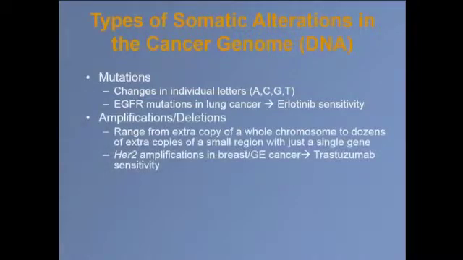You could get changes in the genome that aren't a small typographical error, but a bigger error, such as getting extra copies of a gene. Normally, for each of the genes in our body, we have 2 copies, 1 copy from mom, 1 copy from dad. But you could get changes where instead of having 2 copies of a given gene, you have 10, 20, 40 copies. And if you could imagine having a car that has 40 gas pedals, that would be a very different car than a car that just has 1.